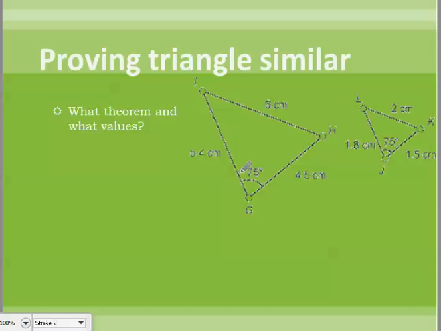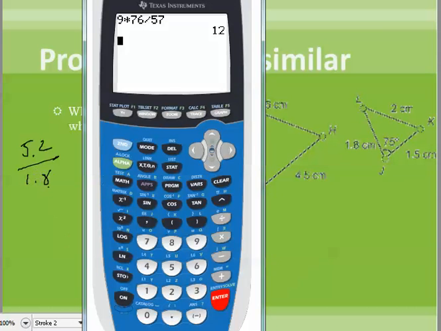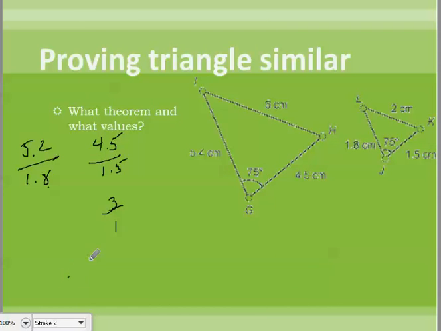Okay, looking at this one. If I set up the ratios on this one, I get 5.2 over 1.8, and I get 4.5 over 1.5. Well, this one is 3 over 1, I know that. And this one, let's see here, 1.8 times 3. Yep, 5.4.